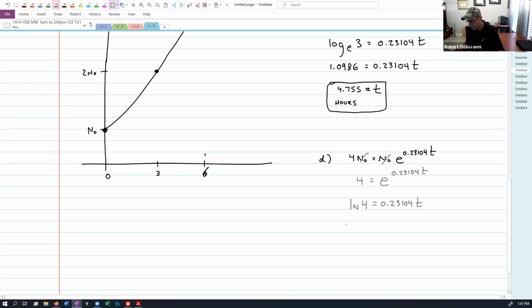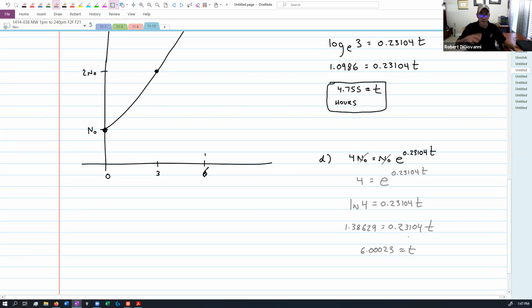Then I'm going to do natural log 4 on my calculator. I'm going to get about 1.38629 equals 0.23104t. I divide by 0.23104, and I'm getting on my calculator 6.00023 is approximately t.